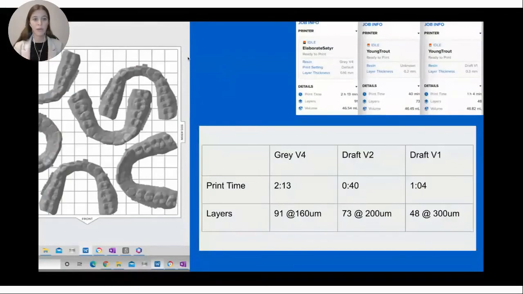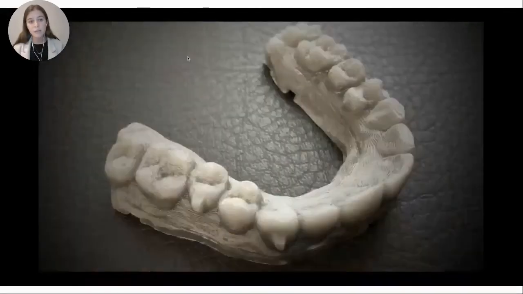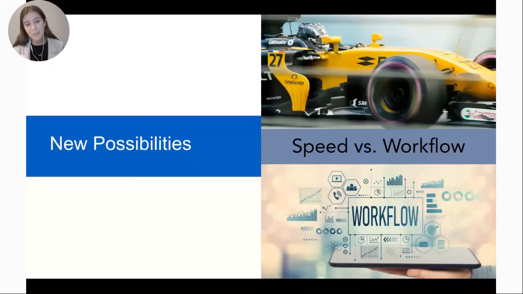Excellent. I think that this is a very, very important point. I know that some orthodontists that are connected today have been using gray because of, as we mentioned, the layer lines being less visible, and for patient aesthetics, sometimes it is a bit of a concern, because of course patients are reaching out to our orthodontic specialists for this type of treatment because of its aesthetic assets.